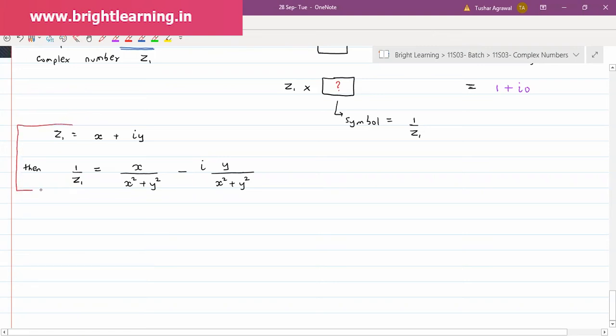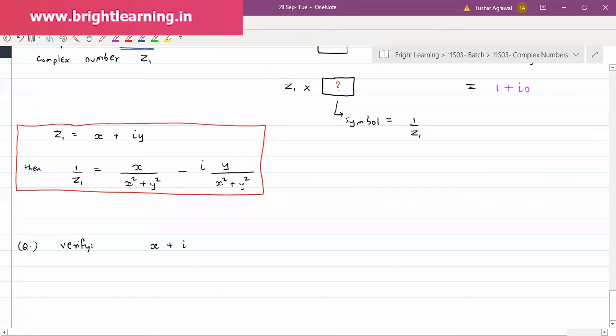Verify this yourself. Do it right now. The question is to verify whether X plus IY, this number, multiplied by the other number, X upon X square plus Y square minus I times Y upon X square plus Y square, is actually equal to 1.